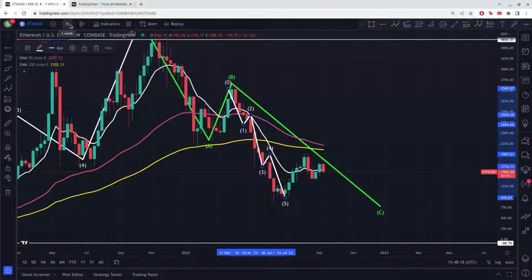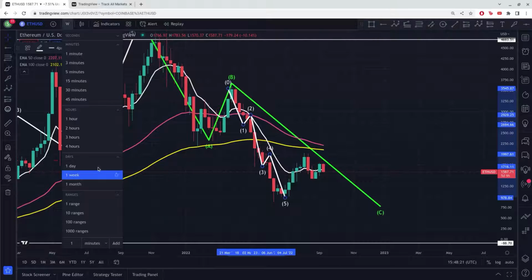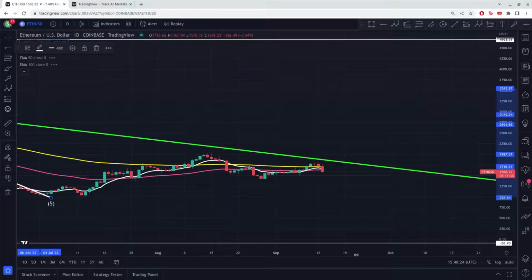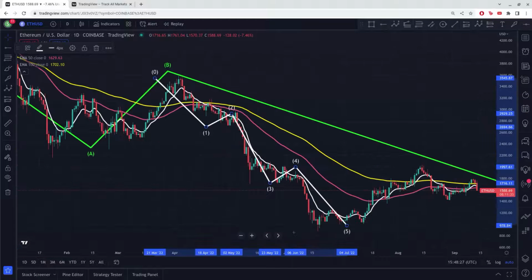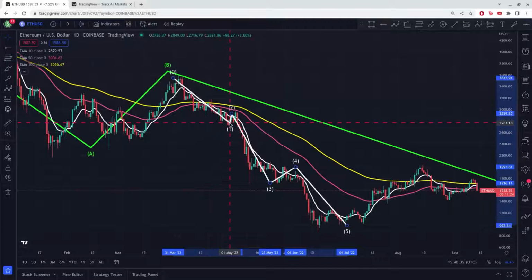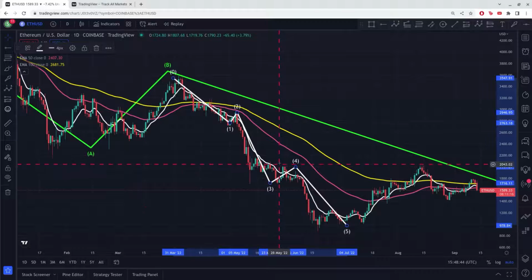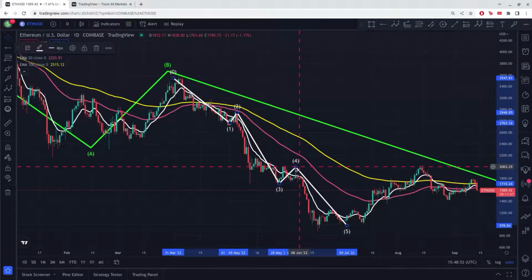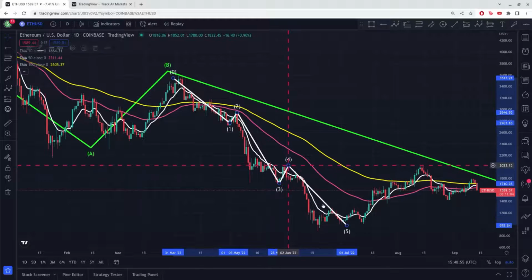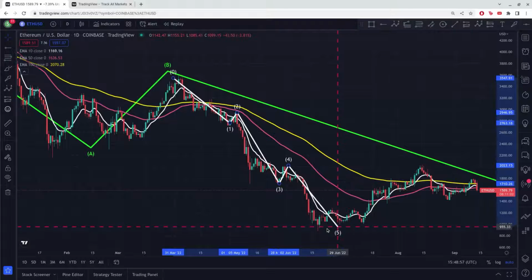Now let me go down to the daily time frame to be very sure about what I counted. This here, this 1, 2, 3, 4, and 5.